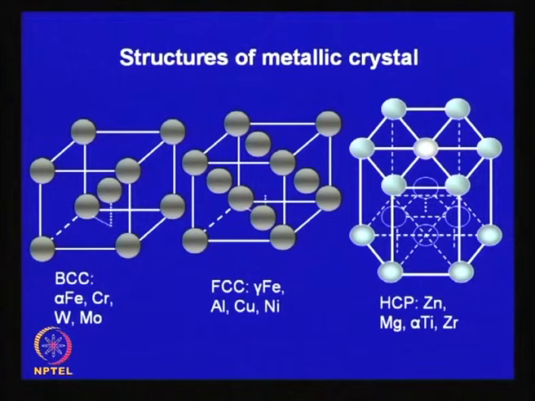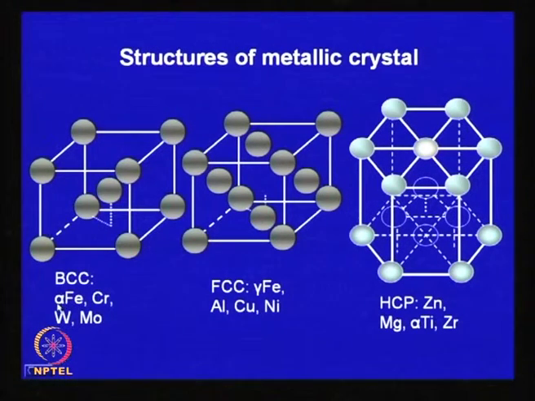Now, just to repeat here, the 3 types of metallic crystals that are available in metal. Primarily, one is body centered cubic. So, the position of atoms is shown here, and normally you get this type of structure in a few common metals which are listed here.